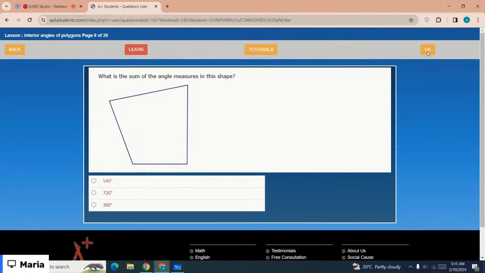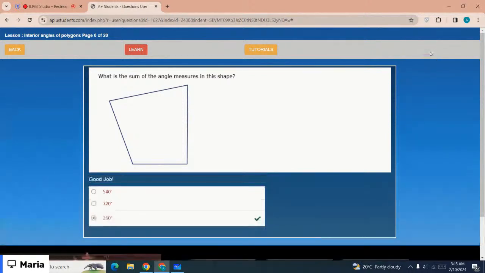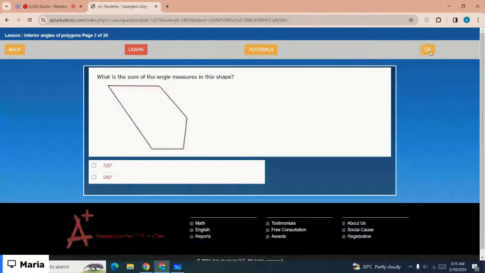What is the sum of the angles measured in this shape? Yes, that is 360 degrees. What is the sum of the angle measured in this shape?